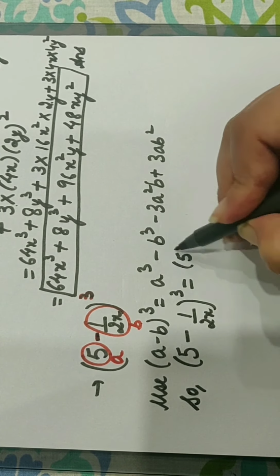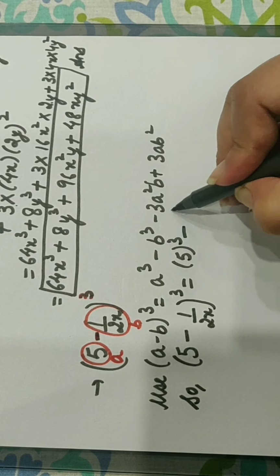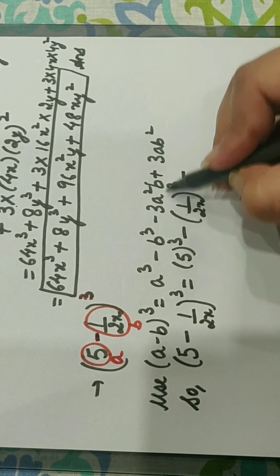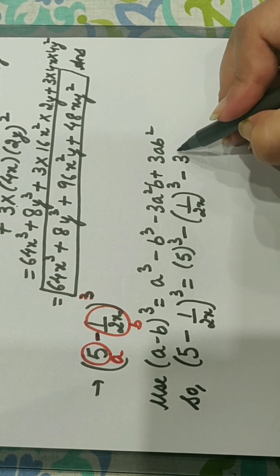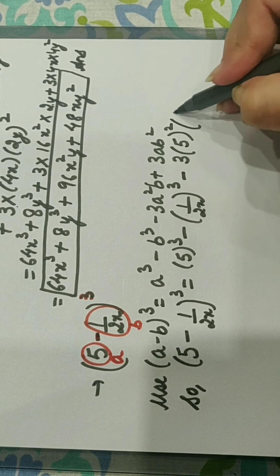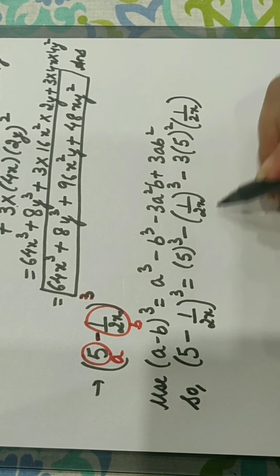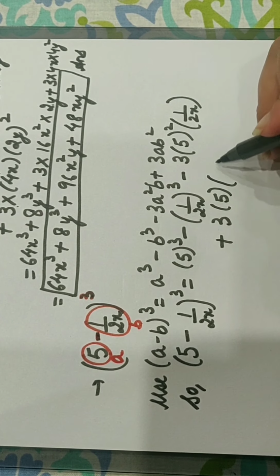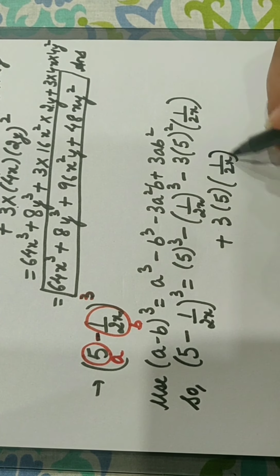So a means 5 cube minus (1/2x) whole cube minus 3a square b, that means 3 into a square b plus 3a b square.